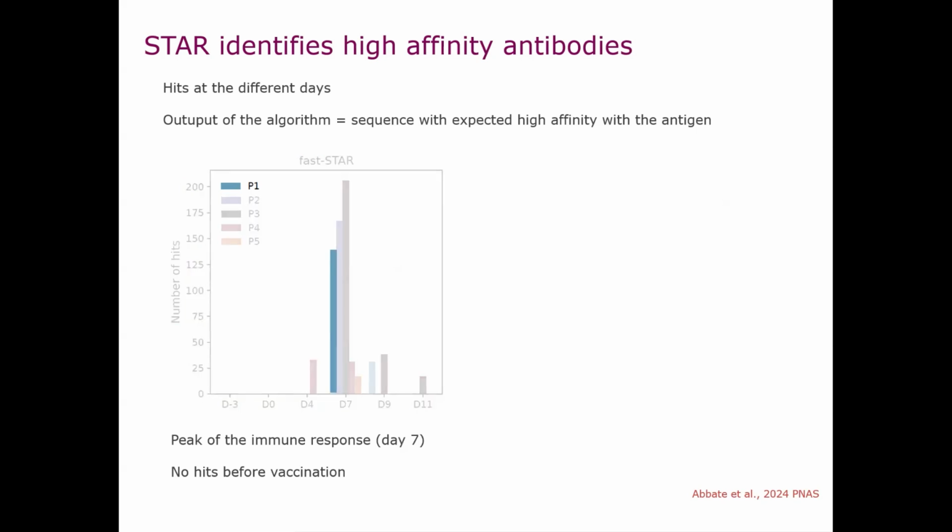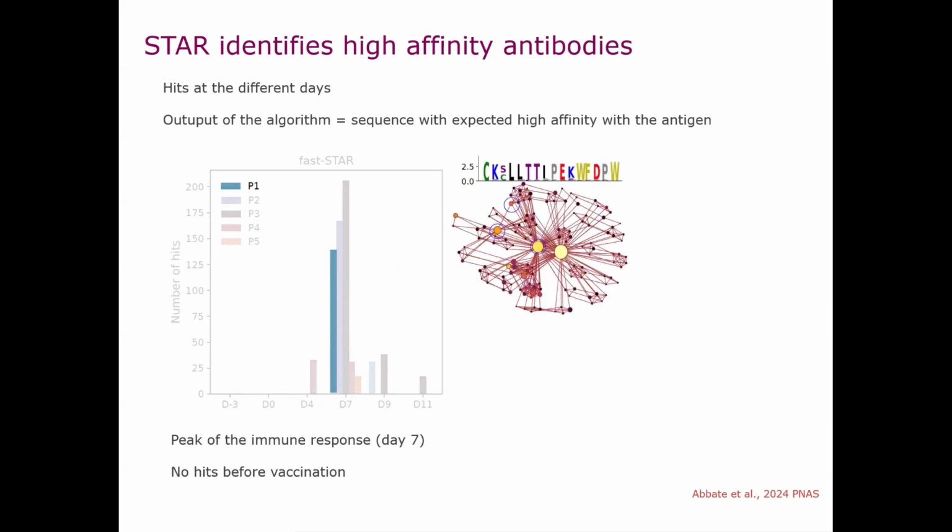Now, if we focus on the first patient and we want to see how the sequences output for the first patient are arranged in space, they look like this. This is a cluster of highly connected sequences, and you can see the logo sequence associated with the cluster on the top.